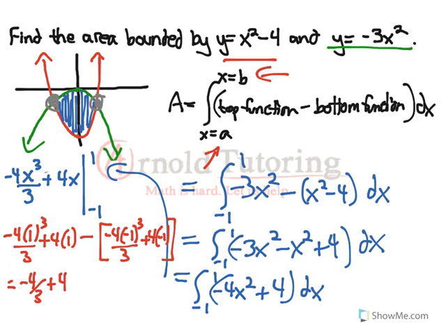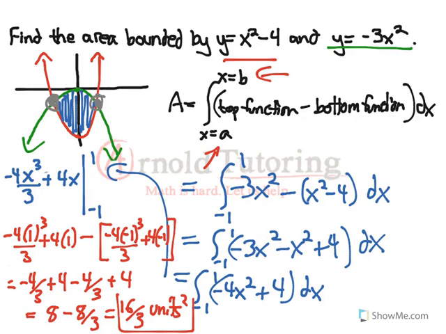Inside the bracket here, we're going to get positive 4 over 3, so it's minus 4 over 3 when we run the negative through, and we'll get minus 4 inside, so it'll be plus 4. In other words, we get 8 minus 8 over 3, or as one fraction, 16 over 3. And that will be units squared because we're talking area.